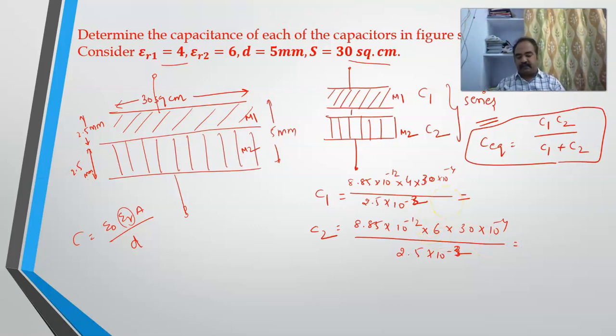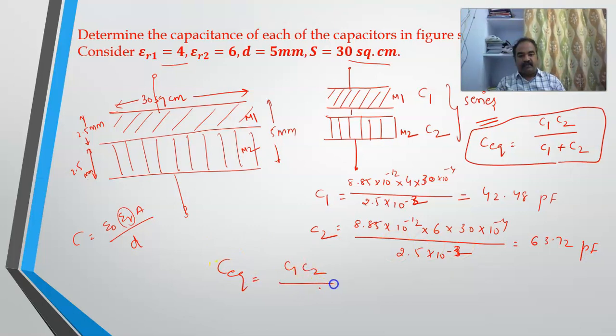Now let me calculate these values once. This is 8.85 into 4 into 30 divided by 2.5, which in the first case is 42.48 picofarads, and in the second case it is 63.72 picofarads.